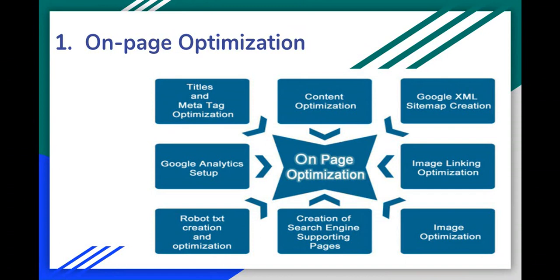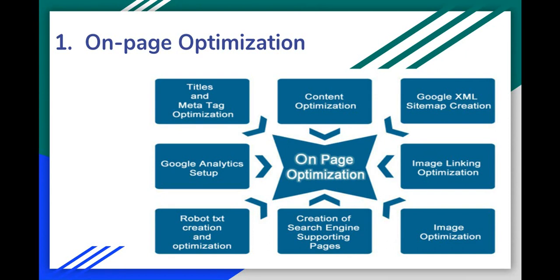Then I have robots.txt creation and optimization. If you're using a WordPress website and you have an SEO plugin, I believe this will be handled by the plugin and you don't need to worry about it.